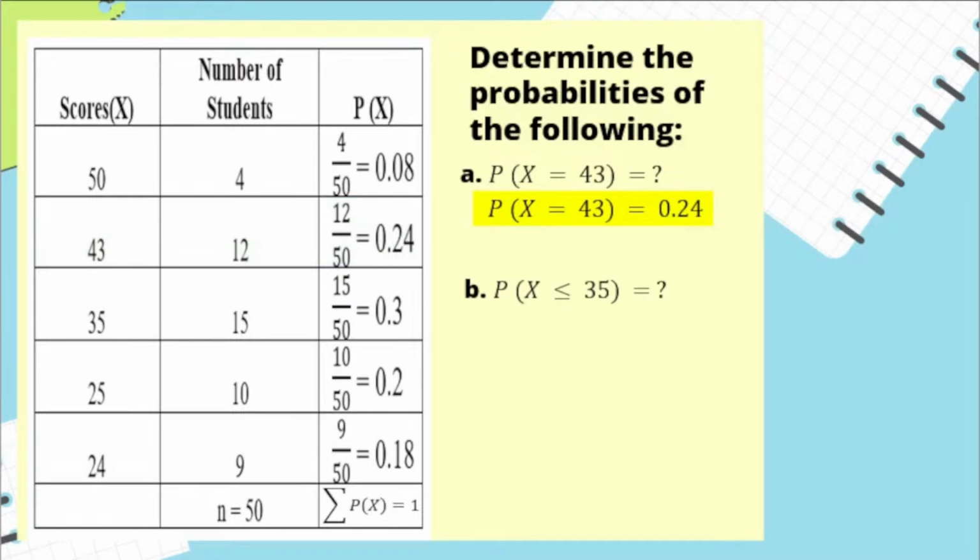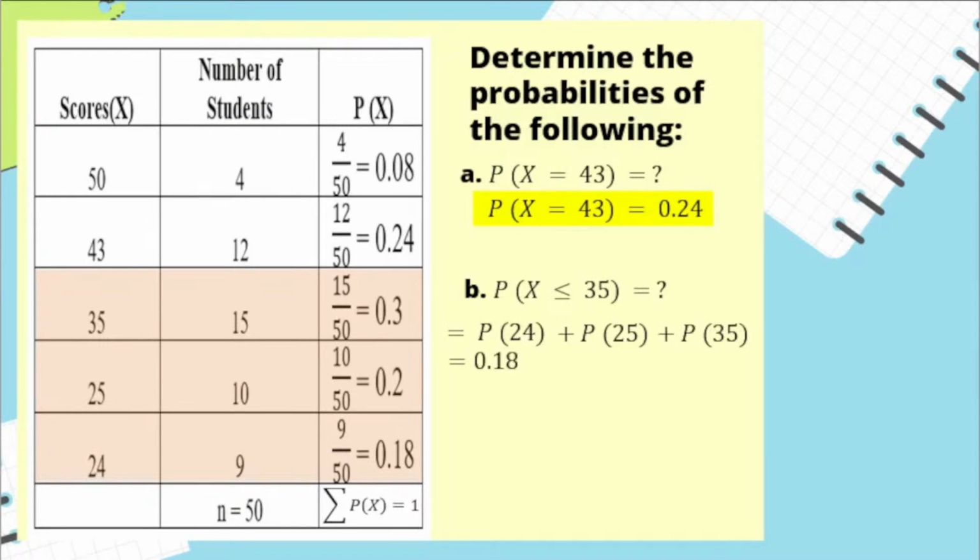For letter B, or the probability that the random variable x is less than or equal to 35, using our probability distribution table, we just look for the probability of x which are less than or equal to 35. And those are the probabilities of P of 24, P of 25, and P of 35.